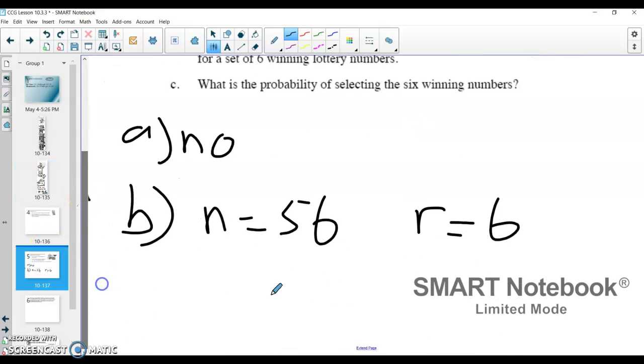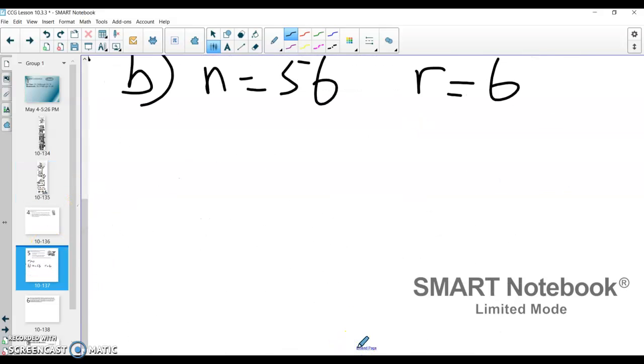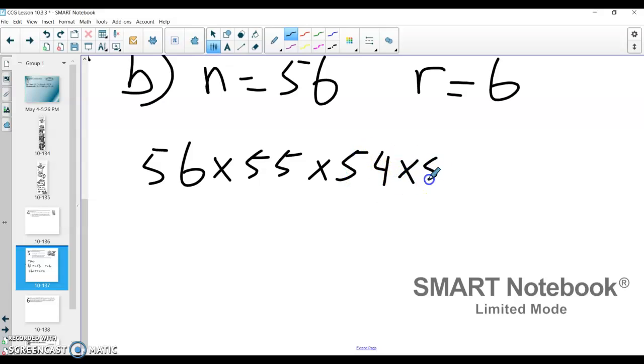So I have 6 decisions being made, so my permutations look like this. It looks like 56 times 55 times 54 times 53 times 52. What am I at? 1, 2, 3, 4, 5. So I've got one more, times 51, because that's my 6 there. 1, 2, 3, 4, 5, 6.